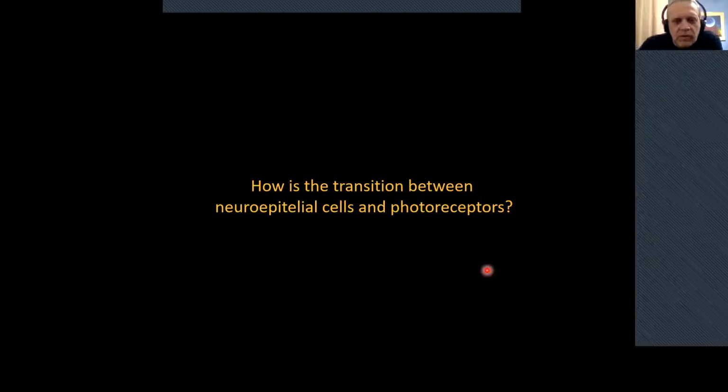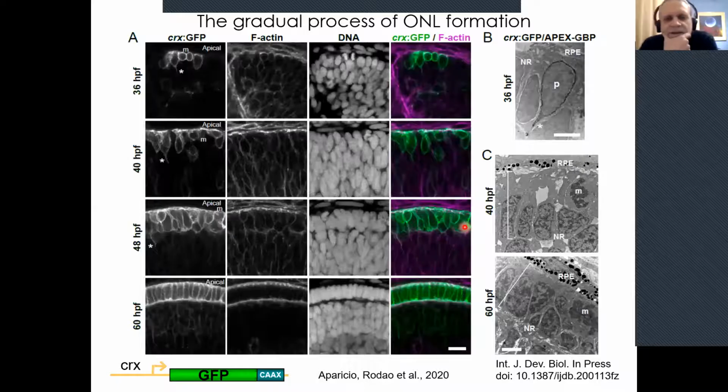So one question was, how is this transition between neuroepithelial cells and photoreceptors in the retina? One thing we can see is how the outer nuclear layer is developing at early stages in retinal differentiation, from something which is quite disorganized and where we see cells with basal processes, eventually to a very well organized epithelium on top of the retina.